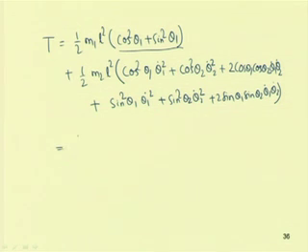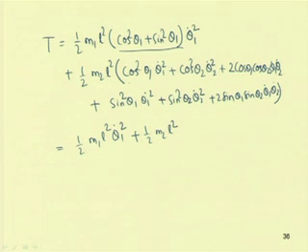Using cos square theta plus sin square theta equal to 1, this gives rise to half m1 L square theta 1 dot square plus half m2 L square times cos square theta 1 plus sin square theta 1, which becomes 1, so theta 1 dot square.